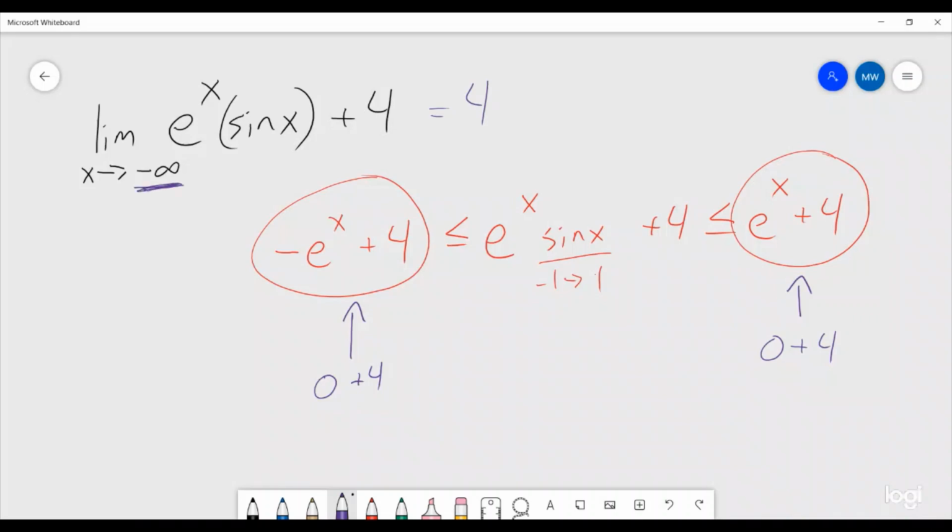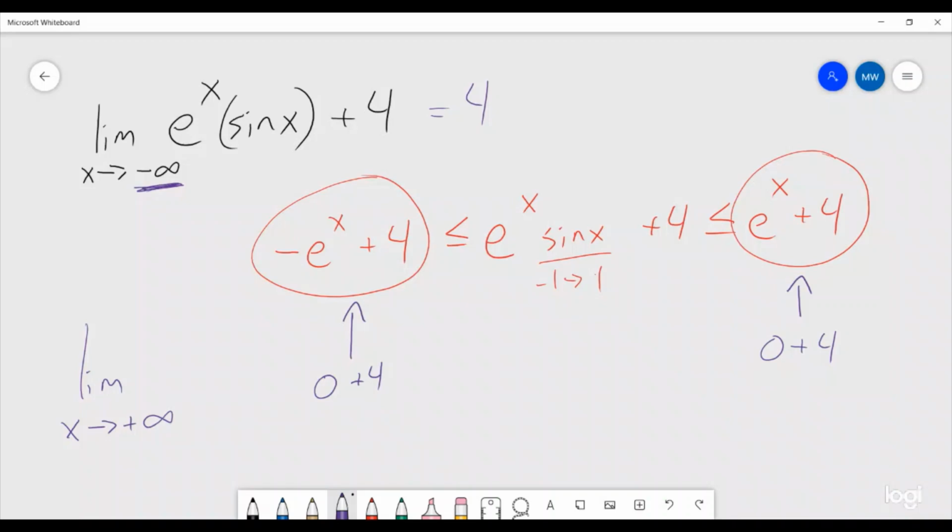Now, if it was positive infinity, this would be swinging wildly back and forth between positive and negative infinity over and over, and it's not converging to anything. So as it was originally, with the limit as x goes to positive infinity, that limit would not exist.